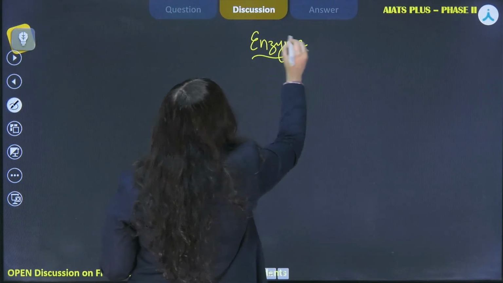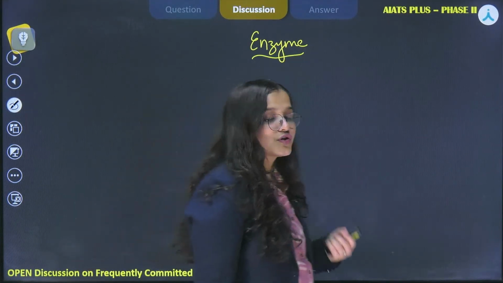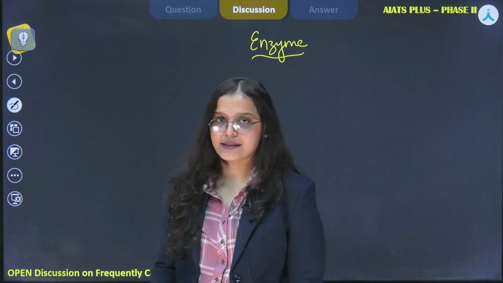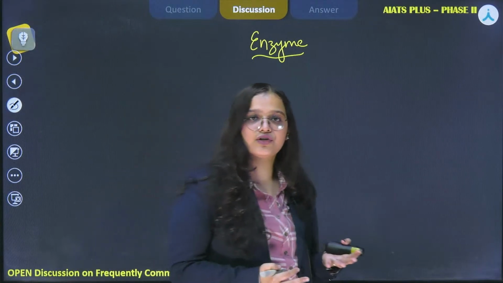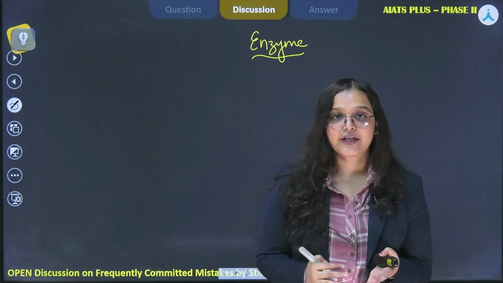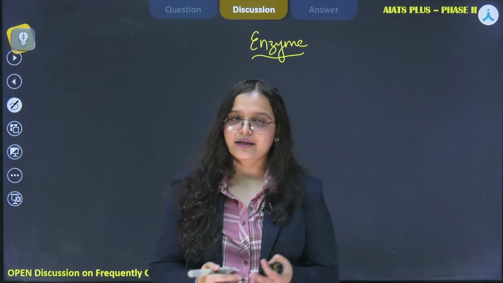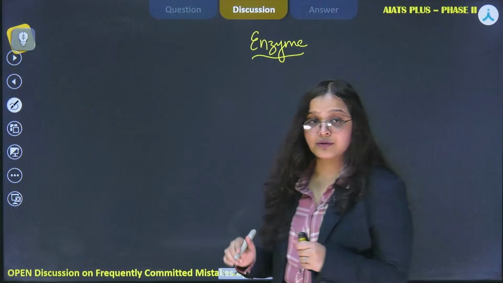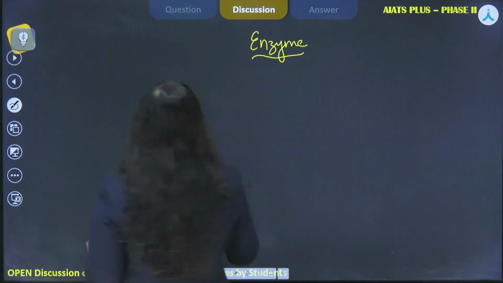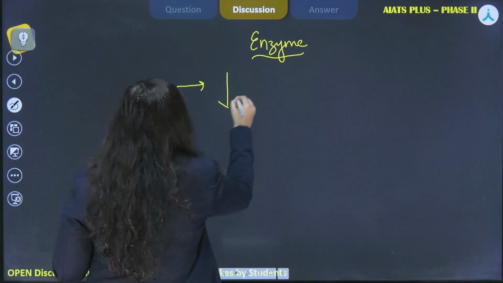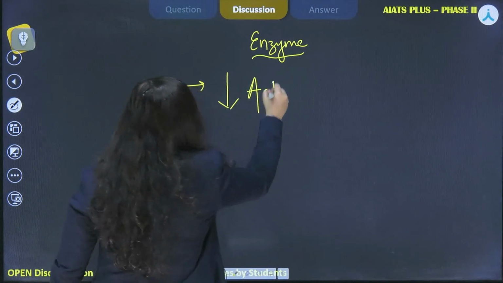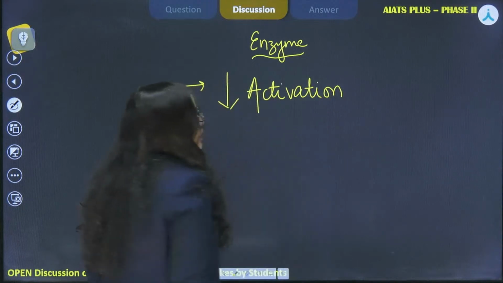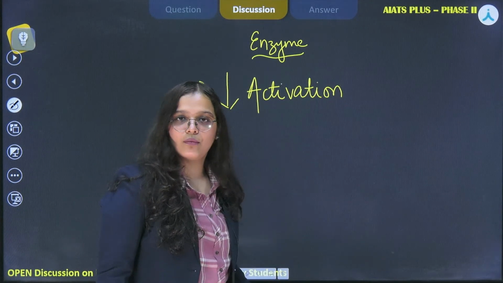So basically we know that most of the enzymes are proteins which are known as biocatalysts, and enzymes function to accelerate the rate of reactions that are occurring in our body. Alright, and enzymes function by lowering the activation energy that is required for the formation of product from a substrate.